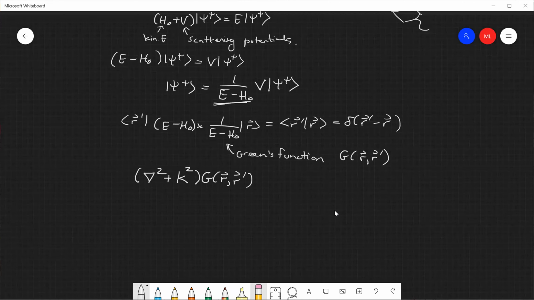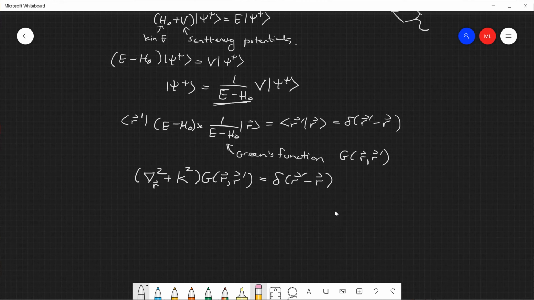So this acts on the Green's function, and you have to be careful with indices here. This is the Laplacian with respect to the first coordinate. So this has to be equal to delta of r minus r prime.